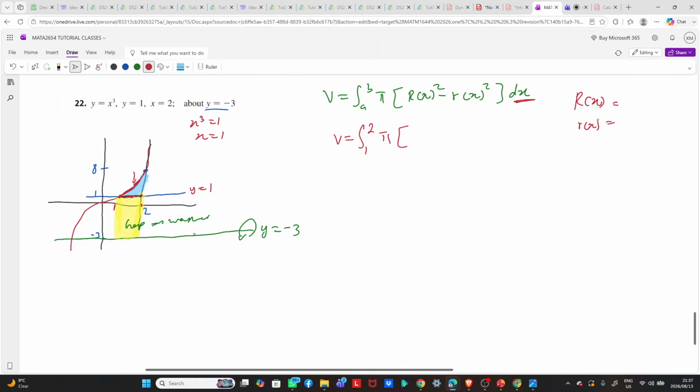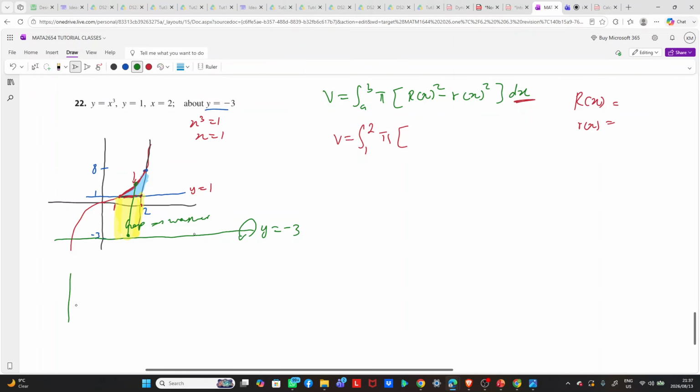Okay, so you will have now what is going to be the distance from, let me use a green color, from this function to the center. Can you see now the roles have reversed? The function is at the top.